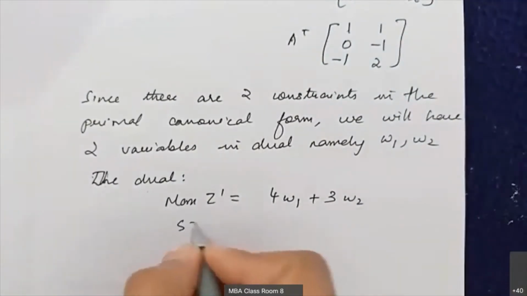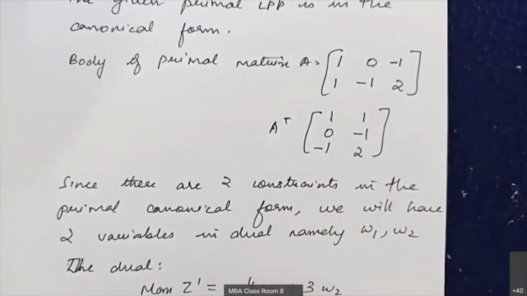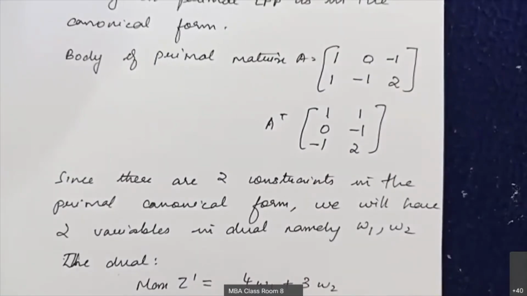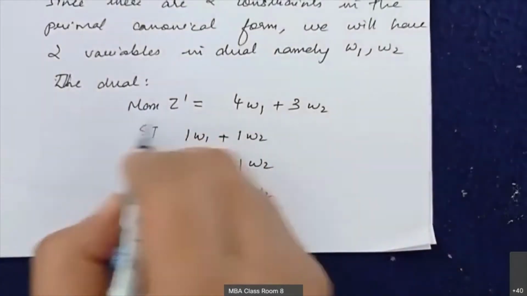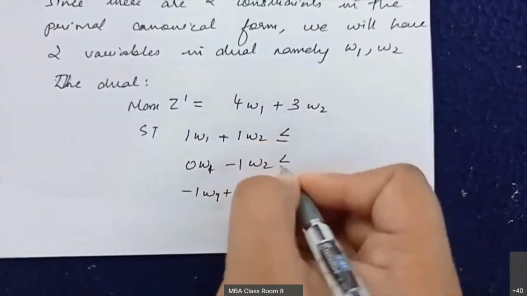Okay, next, subject to, what are the body of the coefficients? It is 1, 1, 0, -1, -1, and 2. Okay, what are the variables? W1 plus W2, W1 plus W2. Okay, it is a maximization problem, so all the inequality will be of less than or equal to type.